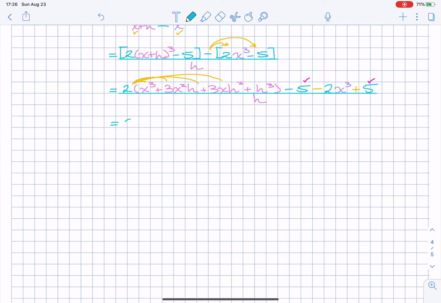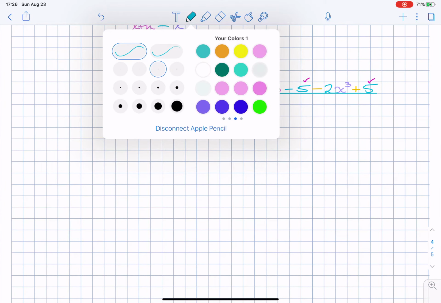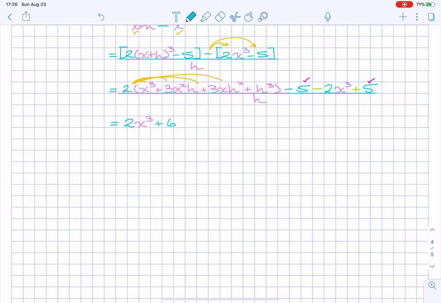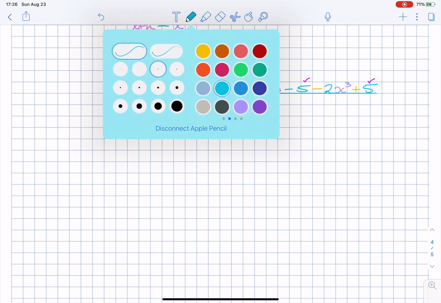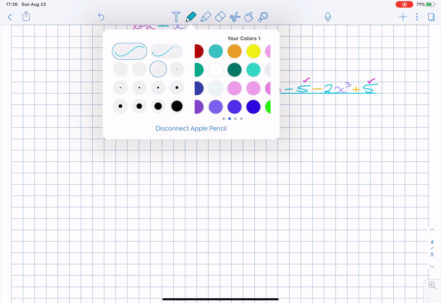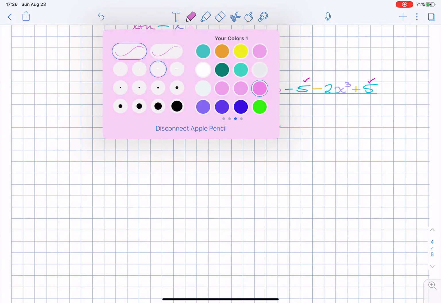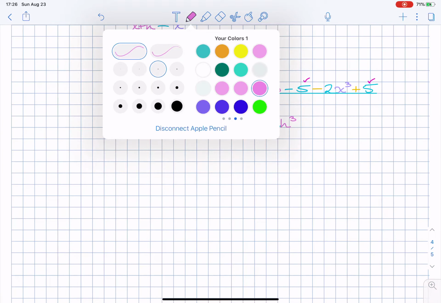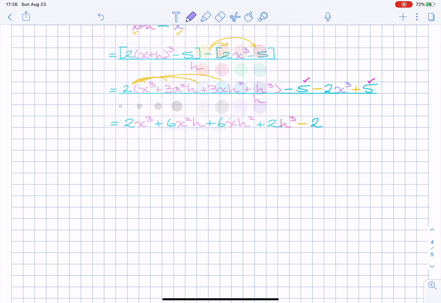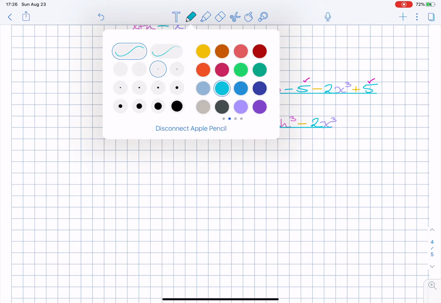We get 2x cubed plus 6x squared h plus 6xh squared plus 2h cubed, from which we're subtracting 2x cubed and dividing all of that by h.